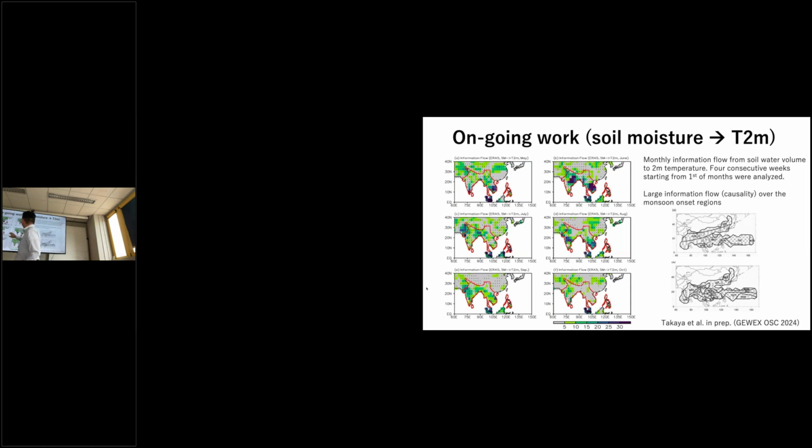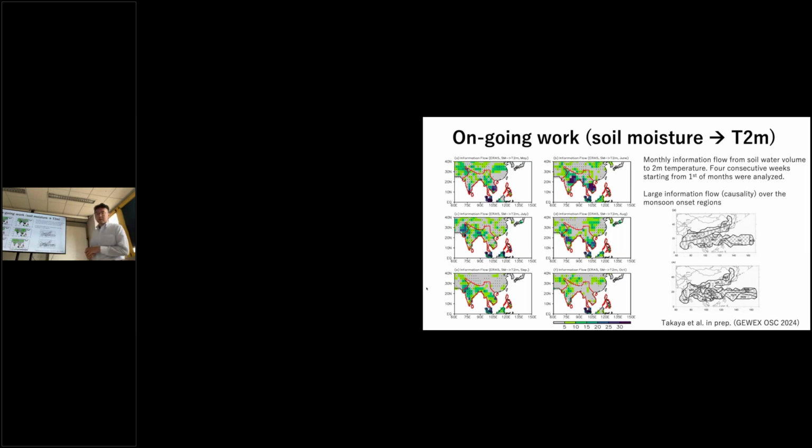Again, we see relatively large causality over here. So in the monsoon onset season or retreat season, we could have a strong land influence on surface temperature.